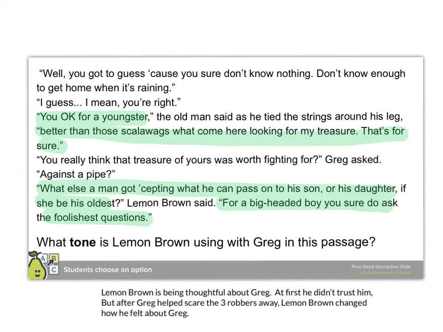Better than those scalawags that come here looking for my treasure, that's for sure. And then he says, what else a man got excepting what he can pass on to his son or his daughter if she be his oldest? For a big-headed boy, your shoe sure do ask the foolishest questions. So in this case, Lemon Brown's being kind of thoughtful. He's changed his mind about Greg. He's realizing Greg's not so bad. So he's using a thoughtful tone when he's letting Greg know that you're okay.